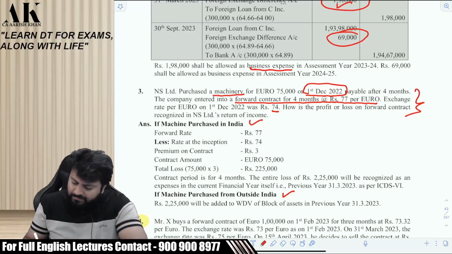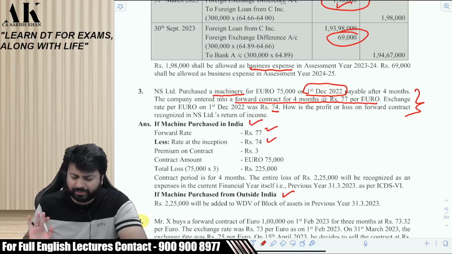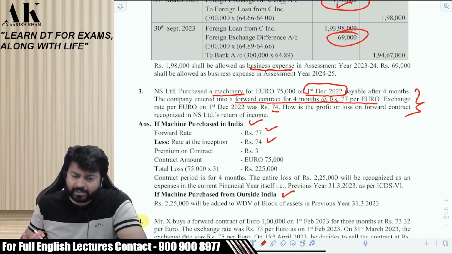You can check over here. 77 is the forward rate, and today the rate is 74. Therefore, the difference is 3 rupees. You have to pay 77, but today the rate is 74, so there is a loss of 3 rupees to you.